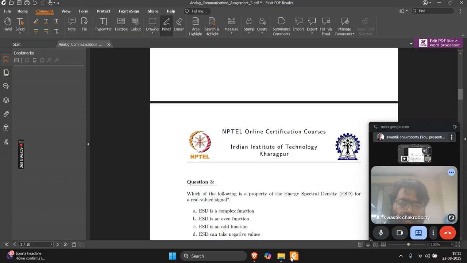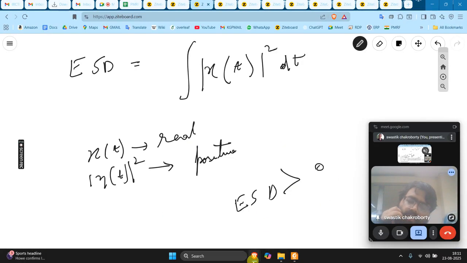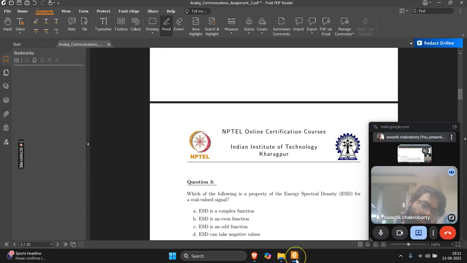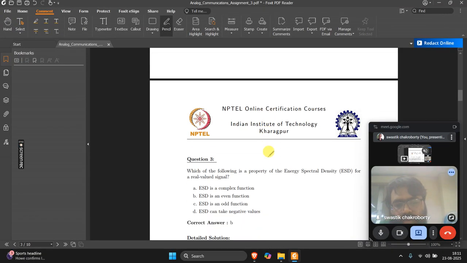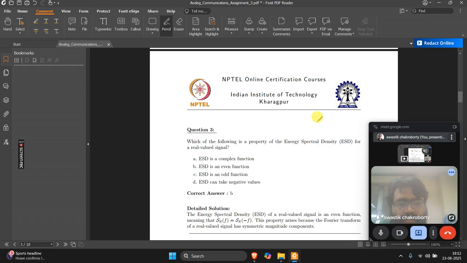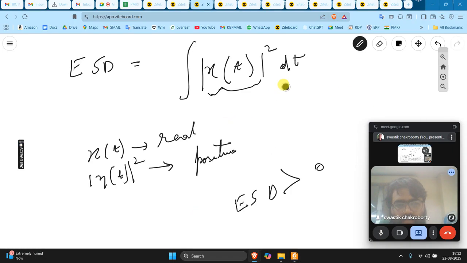Next, is it an even function or an odd function? So here mod xt square is clearly an even function. Similarly, the ESD, which is just the sum of these mod xt squares, will be an even function.